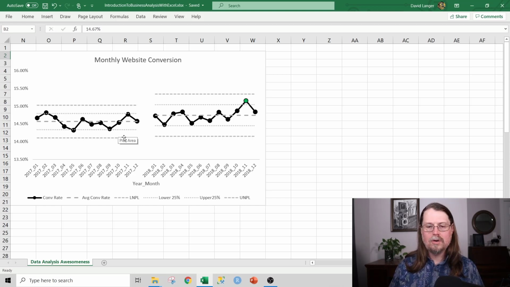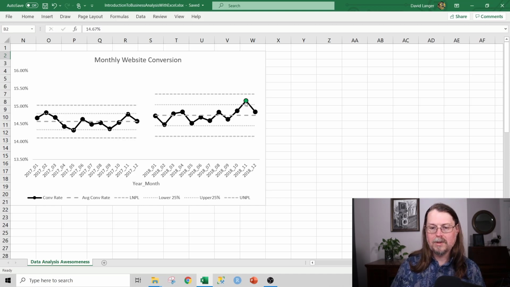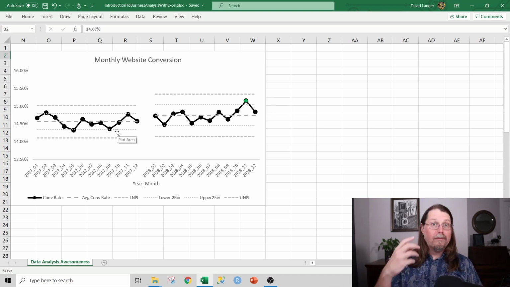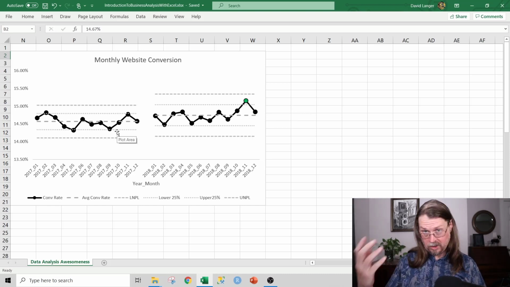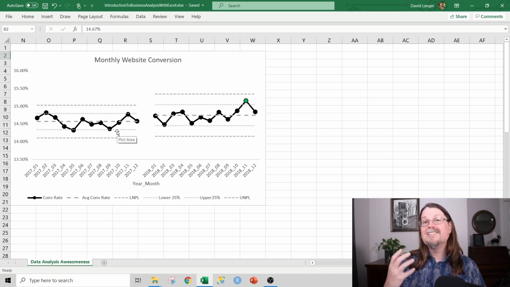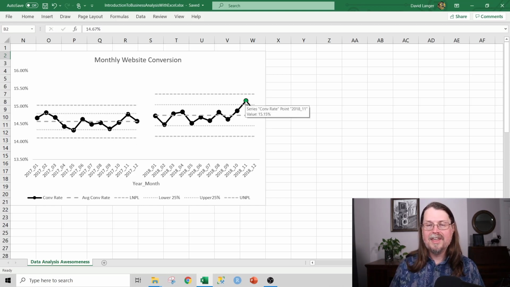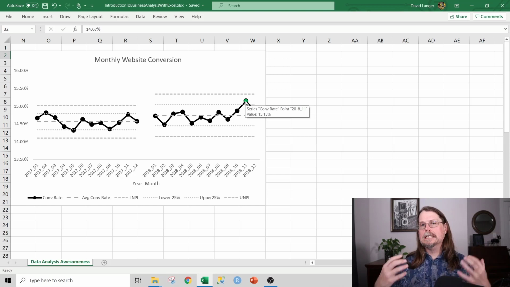What this chart shows us is this green dot right here, right? Based on what was going on in 2017, before Carissa took over, before she was hired, before she changed things, seeing a conversion rate this high is statistically unlikely. It's very unlikely. Ergo, a very plausible explanation is that Carissa did a good job.